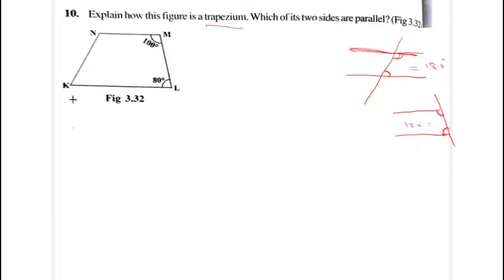Here MN and LK are two lines and ML is the transversal.